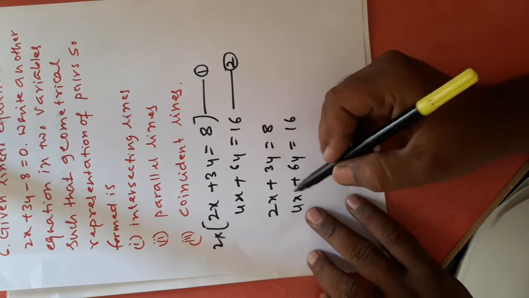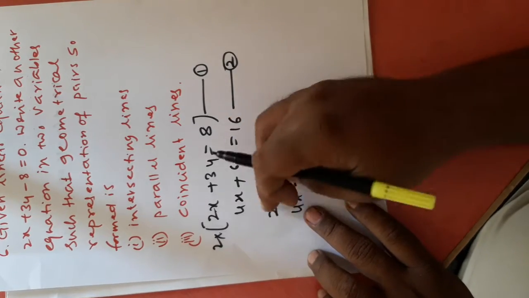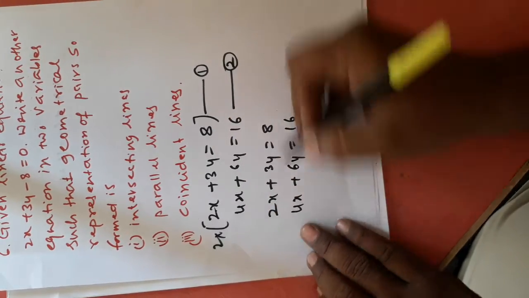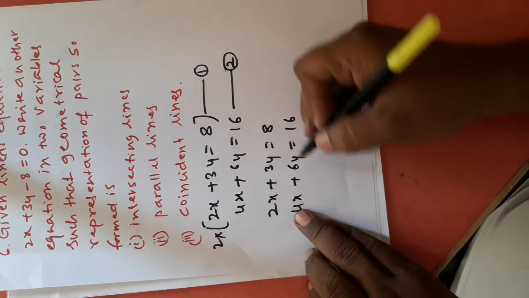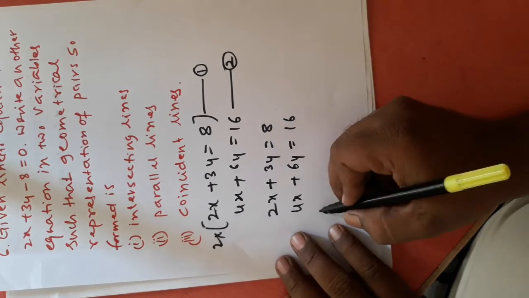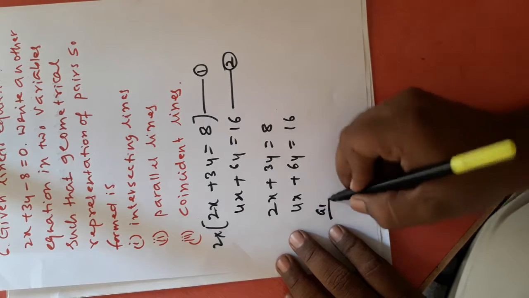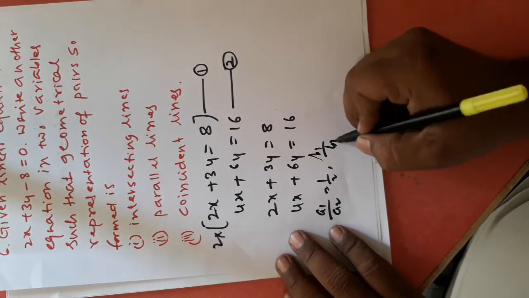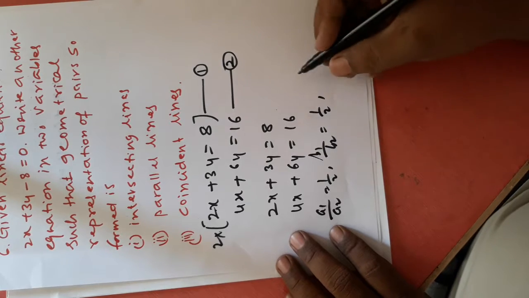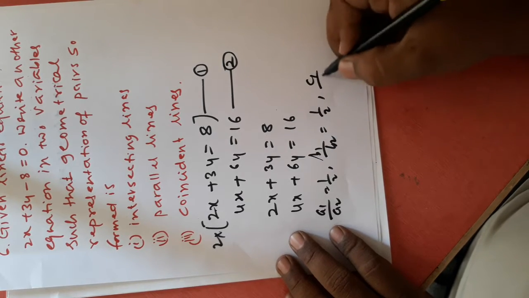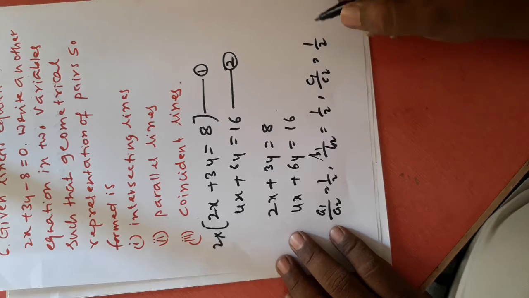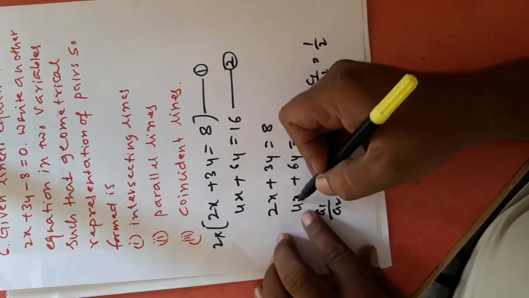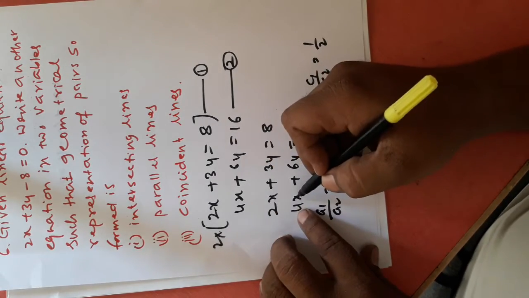Then why did I multiply? Because suppose I take the ratio of a1 by a2, b1 by b2 and c1 by c2. Here you see a1 by a2 is 1 by 2, b1 by b2 again 1 by 2, c1 by c2 I will get 1 by 2, because I got this equation from the first equation only, by multiplying.